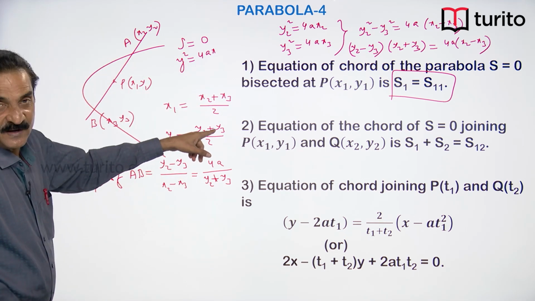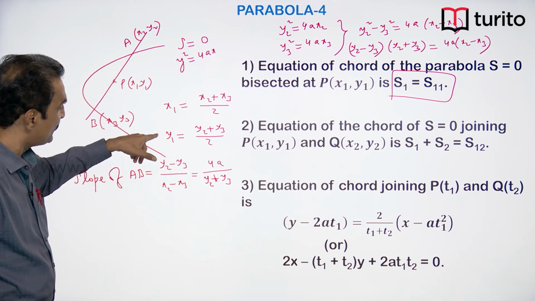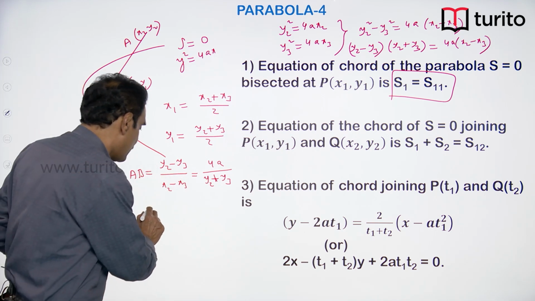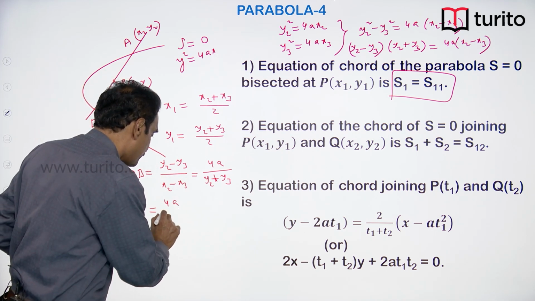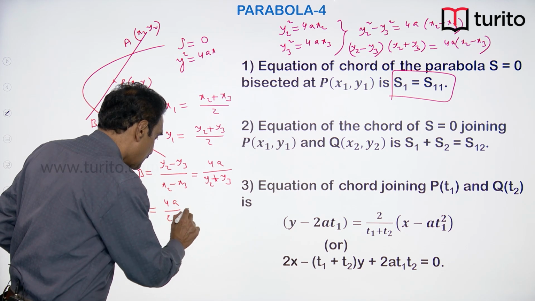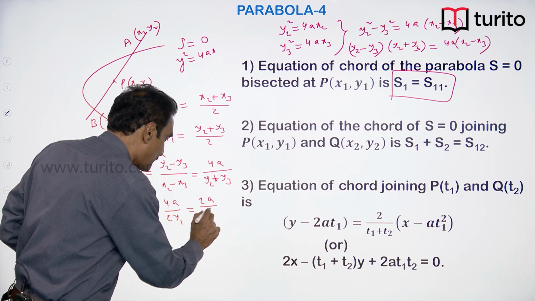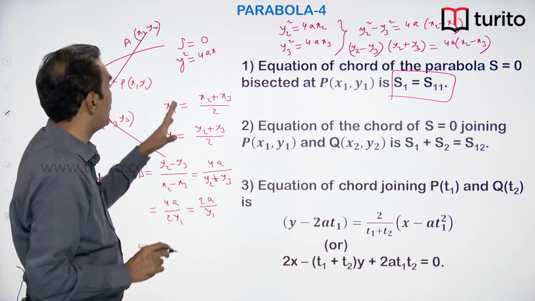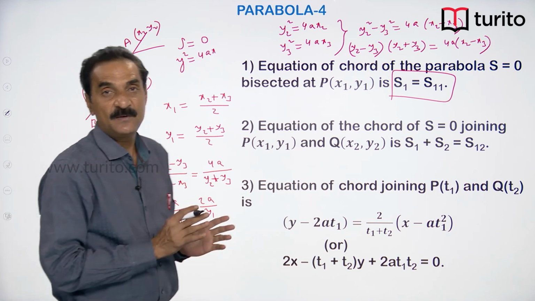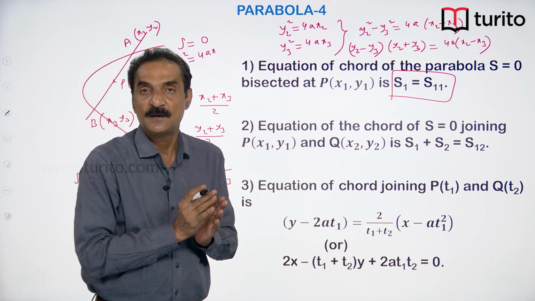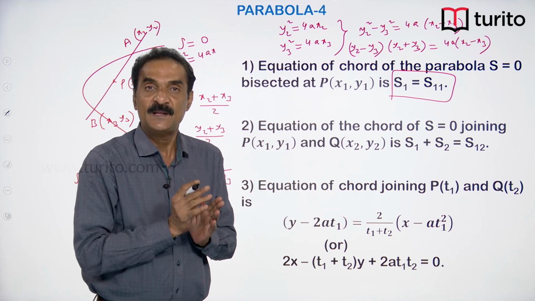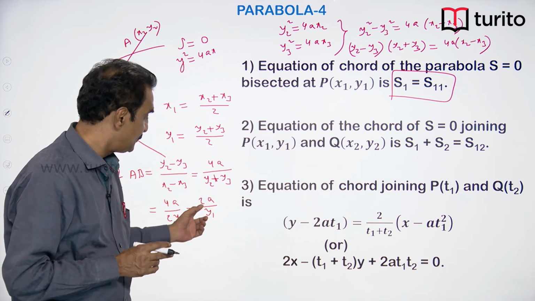What is y2 + y3 from this condition? 2y1. If we substitute 2y1 here, we get the slope as 2a/y1. If P(x1, y1) is the midpoint of a chord of the parabola, then the slope of the chord is 2a/y1.